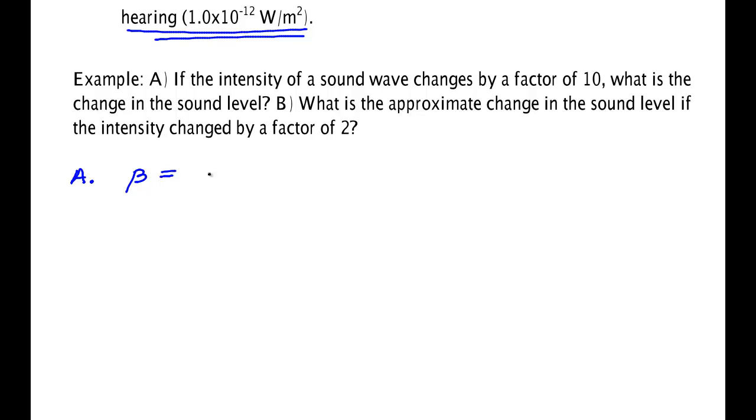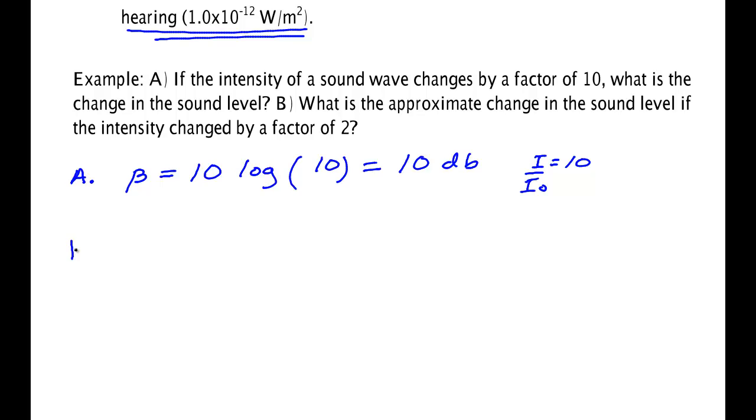Beta is equal to 10 times the log of 10, which is going to be 10 dB. Notice I over I naught was 10. So you get 10 dB change.